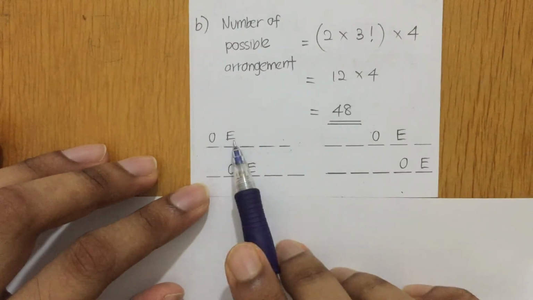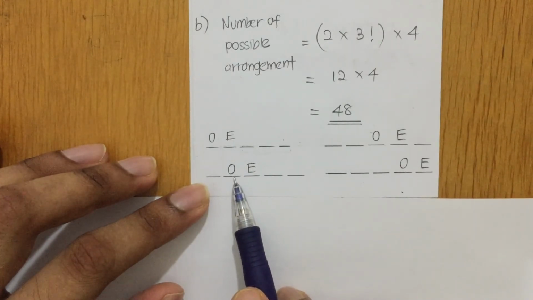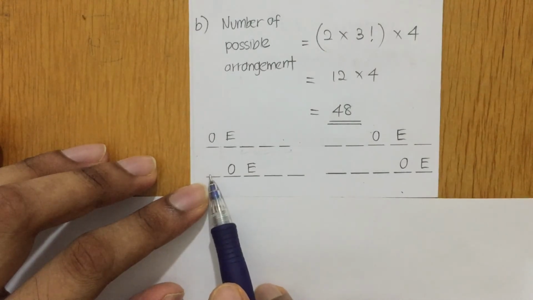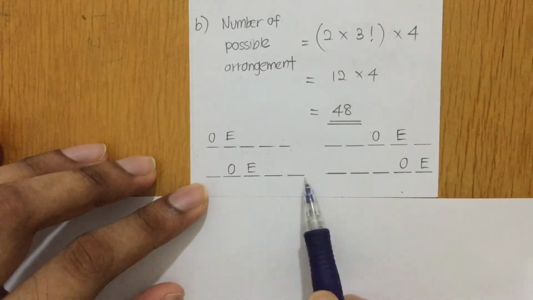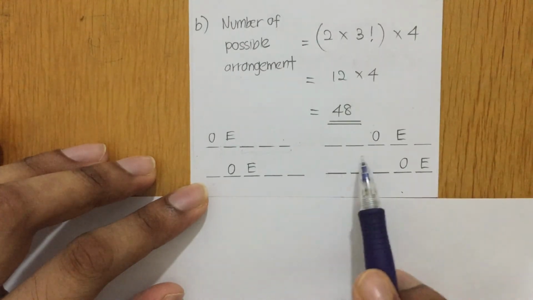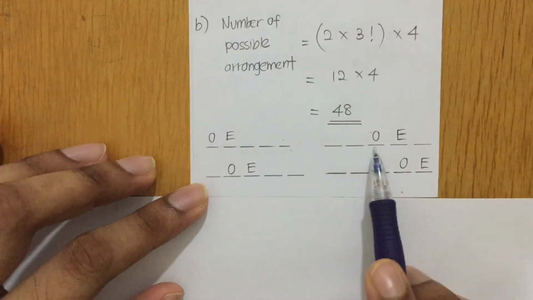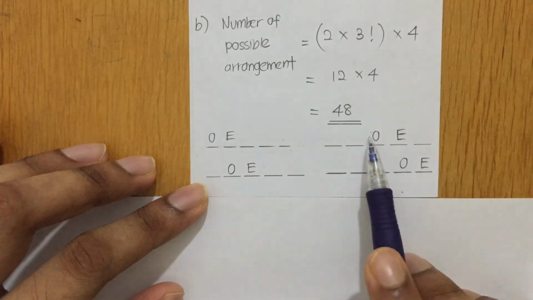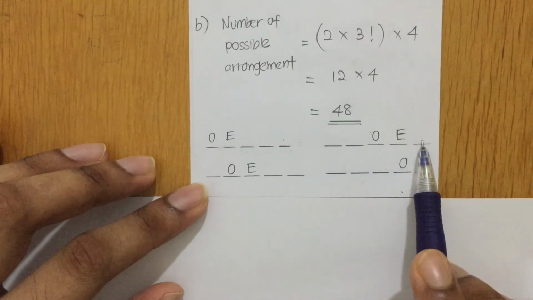The second case fills the second and third spaces, and you're left with spaces 1, 4 and 5, so you permutate those. The same thing goes here: you shift letters O and E behind, so they move into the third and fourth spaces, and then you permutate the first, second and fifth.